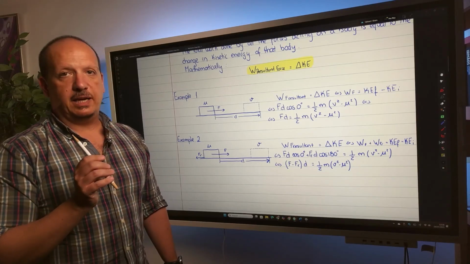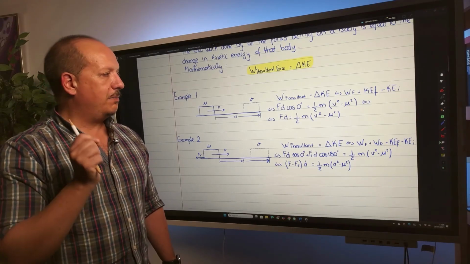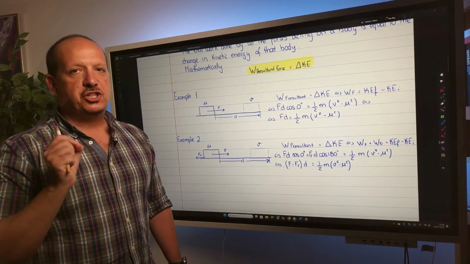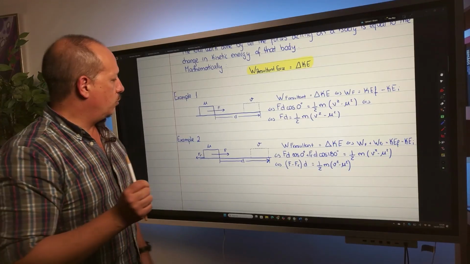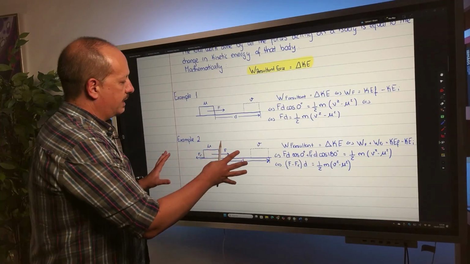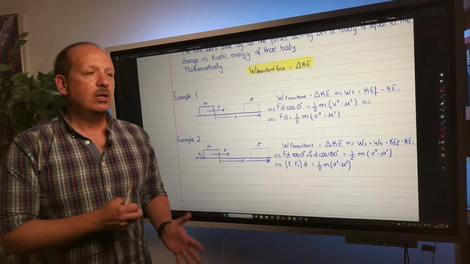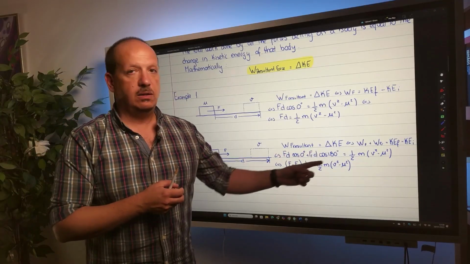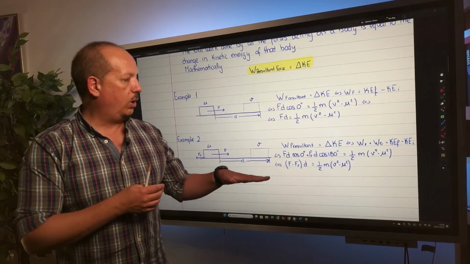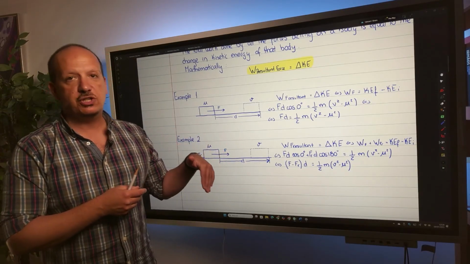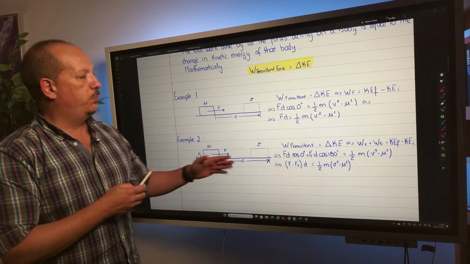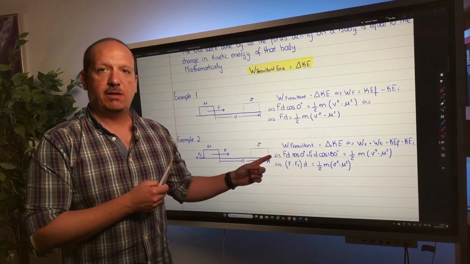One very important thing: I'm following a mathematical procedure, but chances are that soon enough you are going to analyze the circumstances and see for yourself what the cosine of the angle is going to be. Either it's going to be 1 or minus 1, or in some situations 0, and you are going to put the corresponding sign yourself.